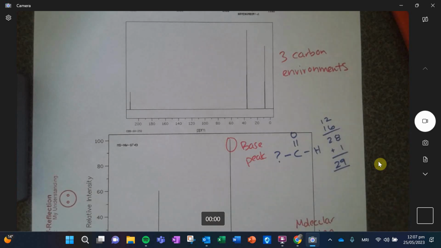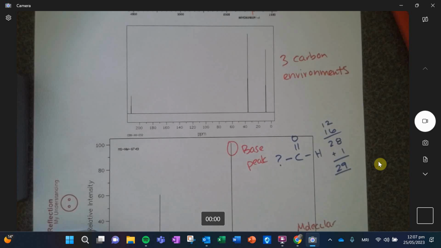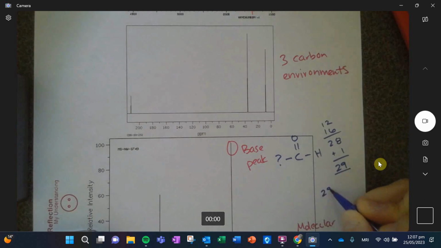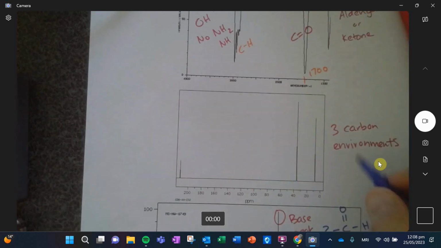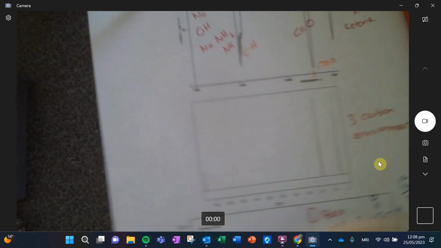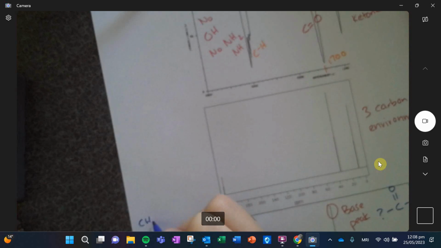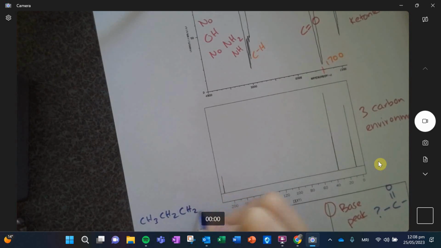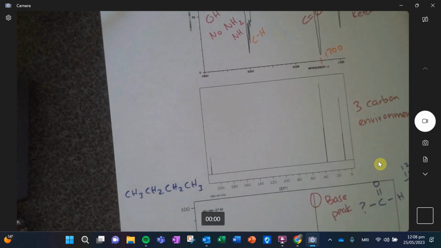Now I play the game of add 14 until I am at 85, so 1 away from the molecular ion. So 29 plus 14 is going to be 43. If we are assuming any inside carbons, so let's say I had a carbon chain like CH3, CH2, CH2, CH3, this is my inside carbons, right?